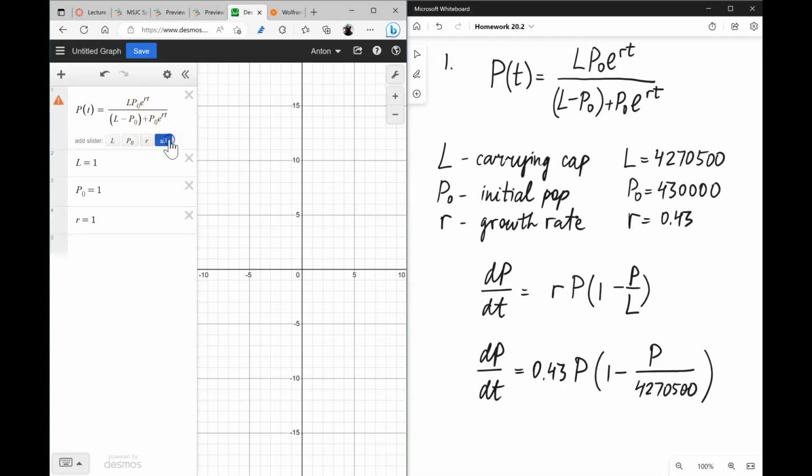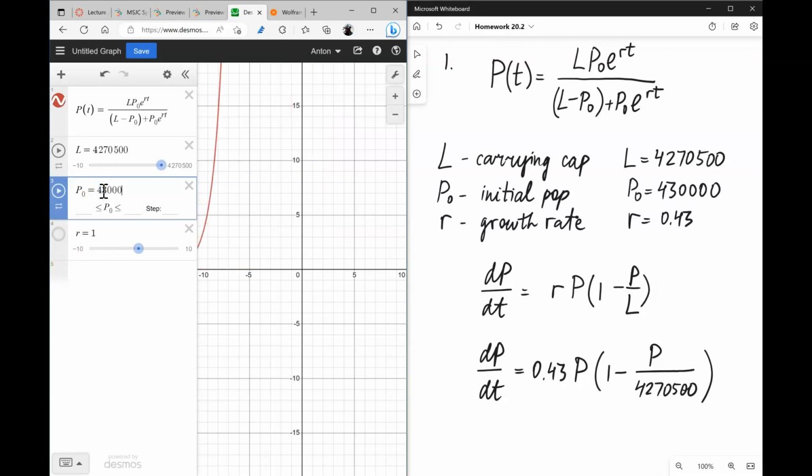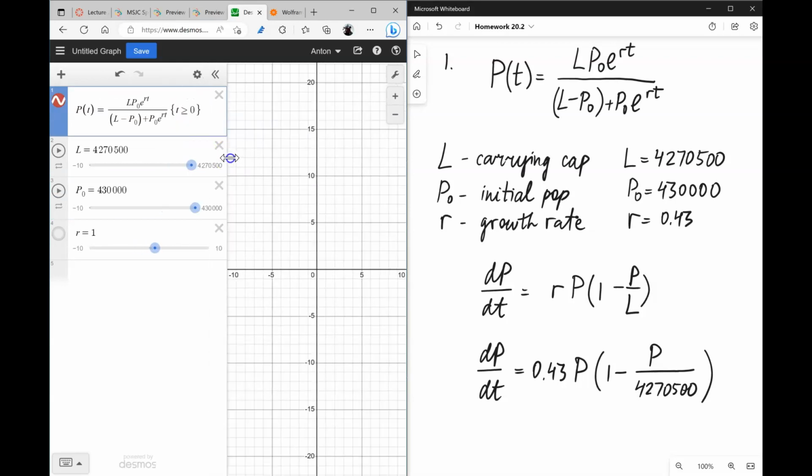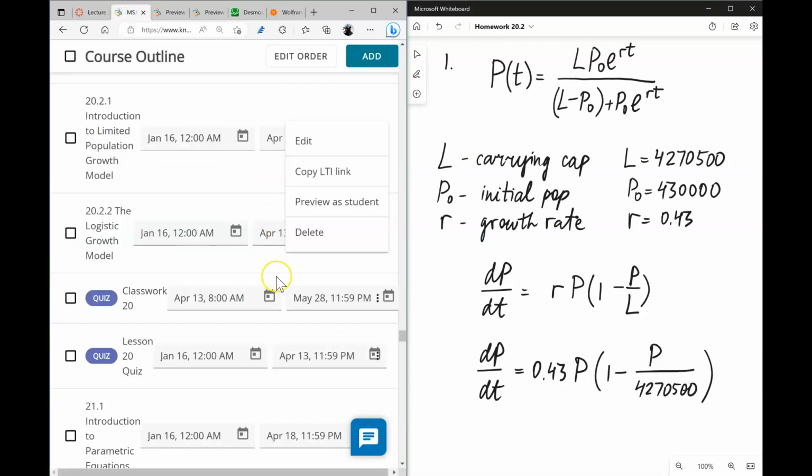For example, here we had the following information provided to us, and it's fair to say that t is greater than or equal to 0 here, and r is equal to 0.43. So let's just have it here, just in case, and let's move on to the next question.